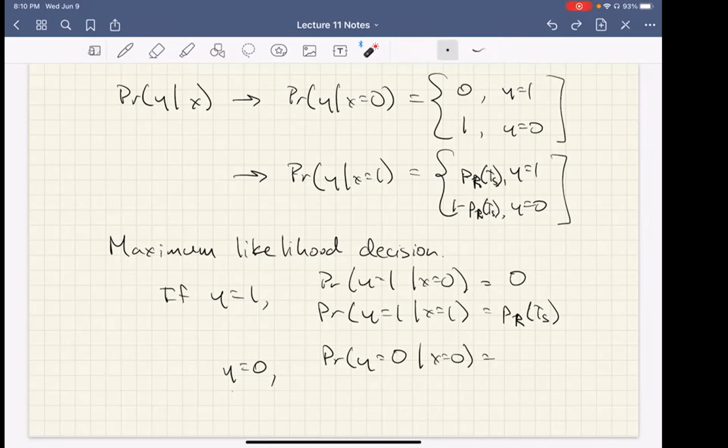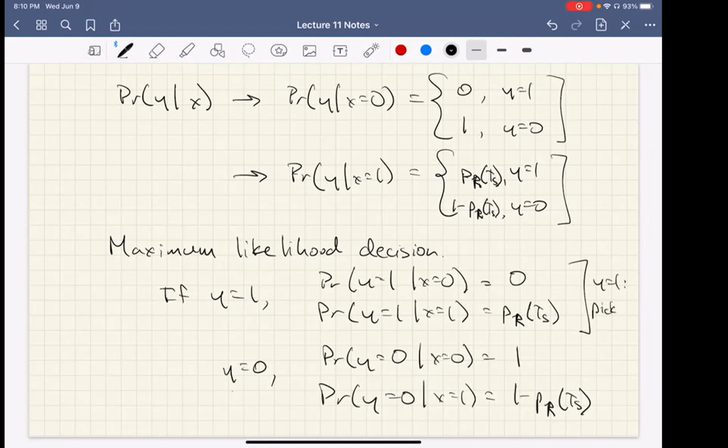Sorry, that's the wrong entry. It's 1 here and 1 minus P_R(T_S) here. So we have 1, and the probability that y equals 0 given x equals 1 is 1 minus P_R(T_S).